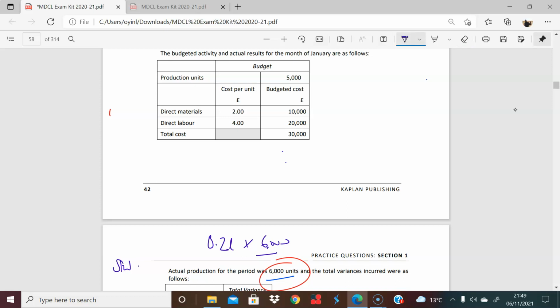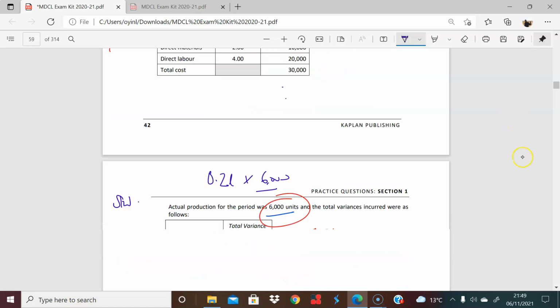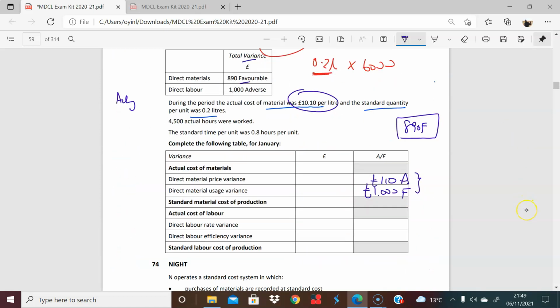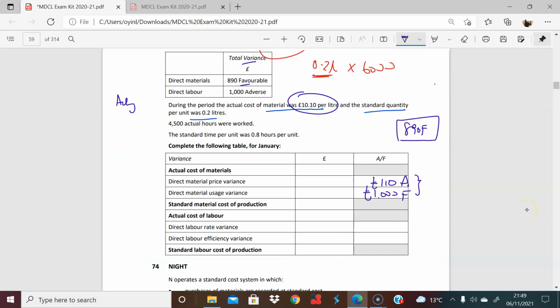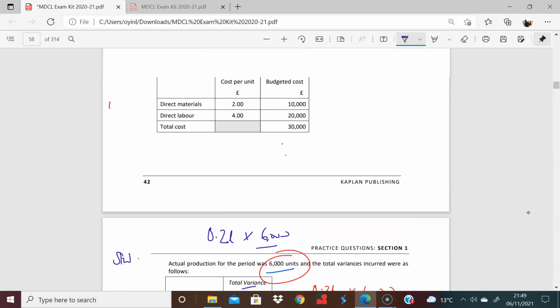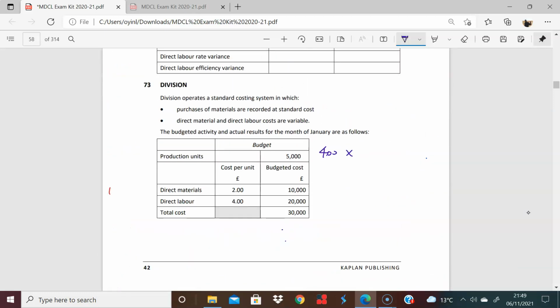I have a scenario where I know that I'm spending £4 per unit, and therefore on 6,000 units, 4 times 6,000, I should be spending £24,000. That should be the cost of labor on making these units.